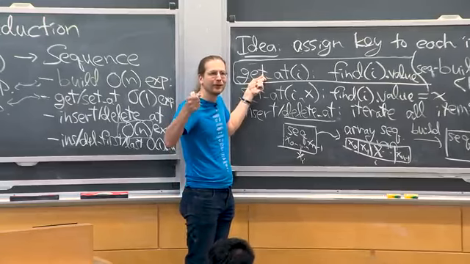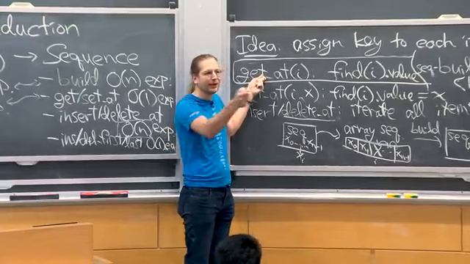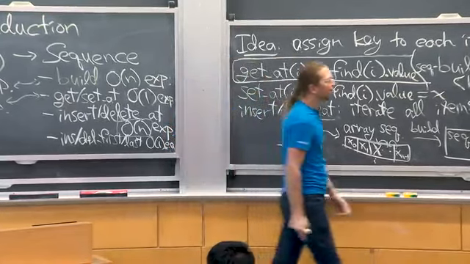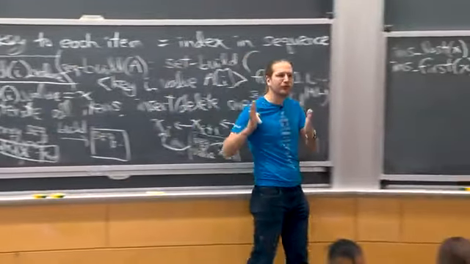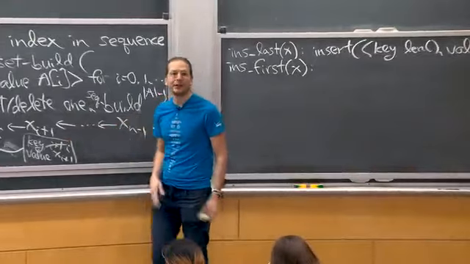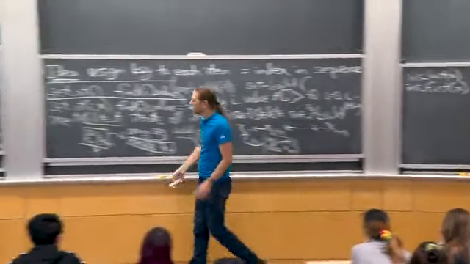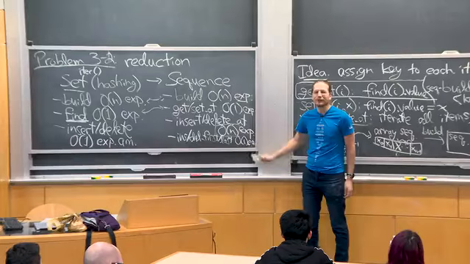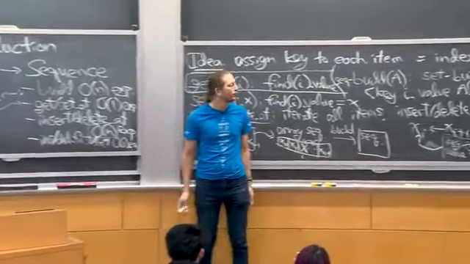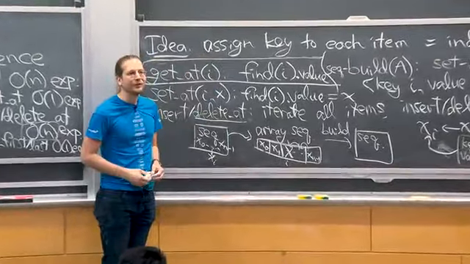But I already have an item with key 0, and an item with key 1, and an item with key 2, and so on down the way. And so if I wanted to give x a key of 0, I have to shift the keys of all of those items, just like we were doing here. And that's going to take linear time. But we're supposed to do this in constant expected amortized time. So that's no good.